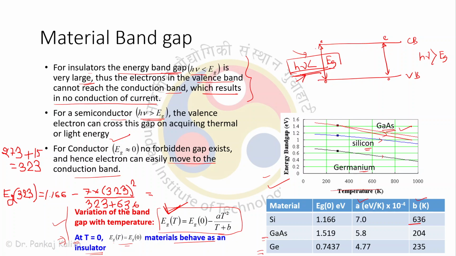So 323 squared into 7 divided by 323 plus 636.